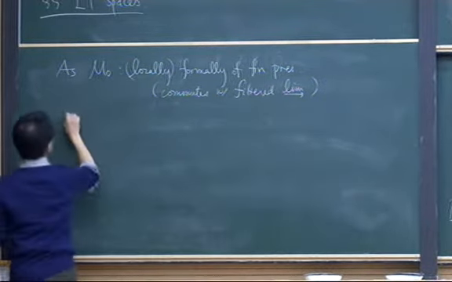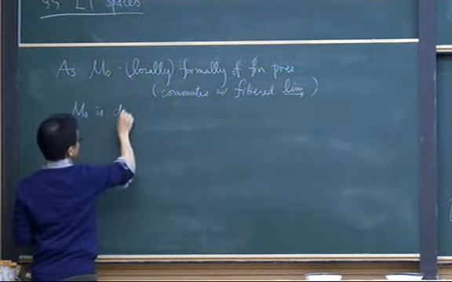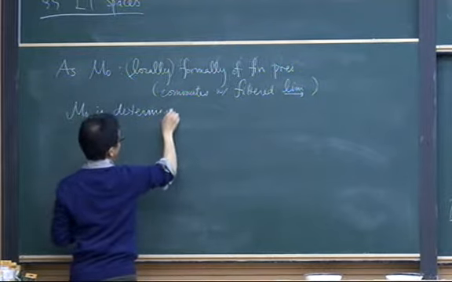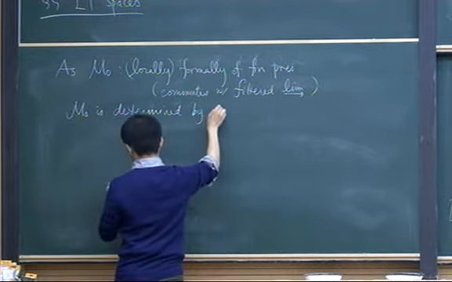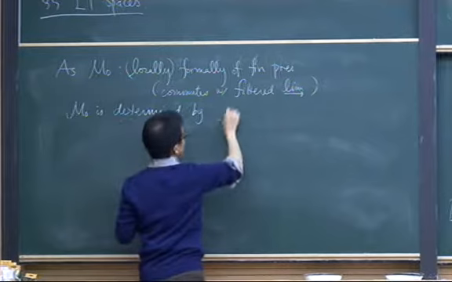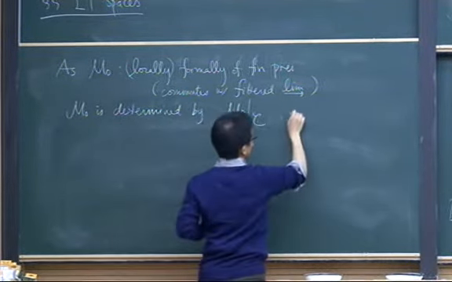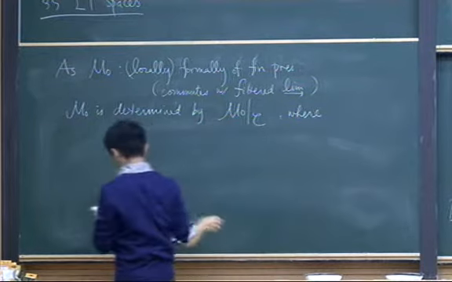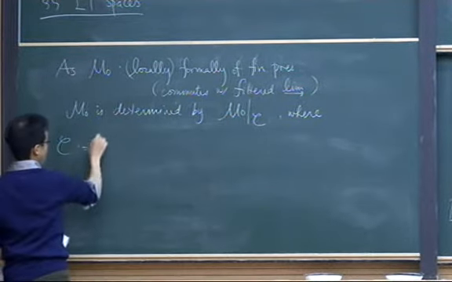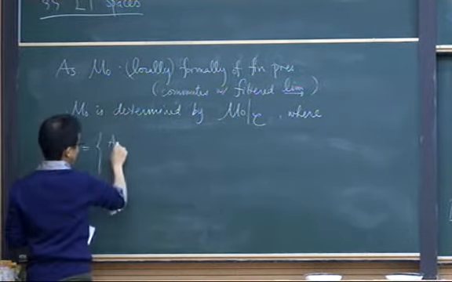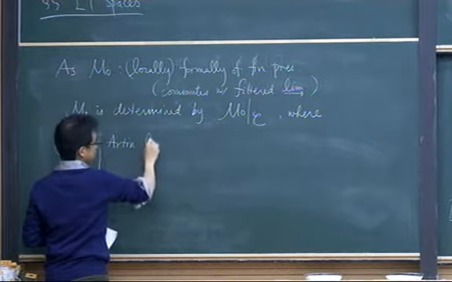Now, M_0 is determined by its restriction to the subcategory of Artinian local algebras.